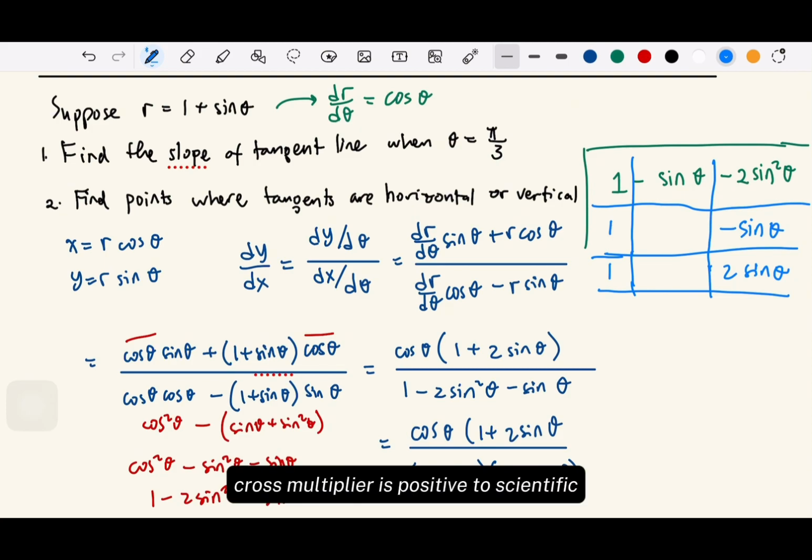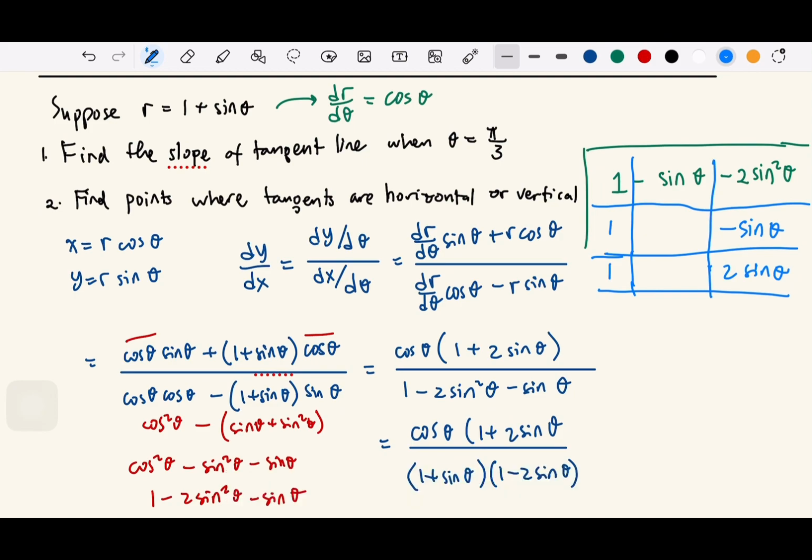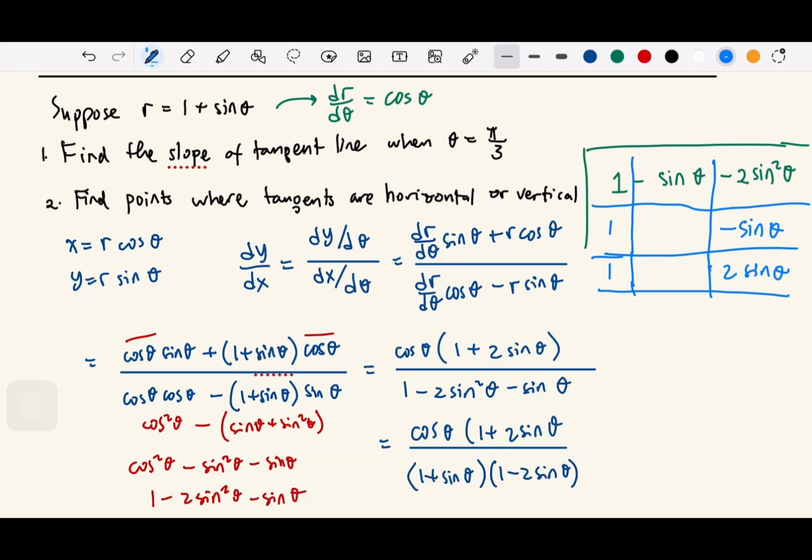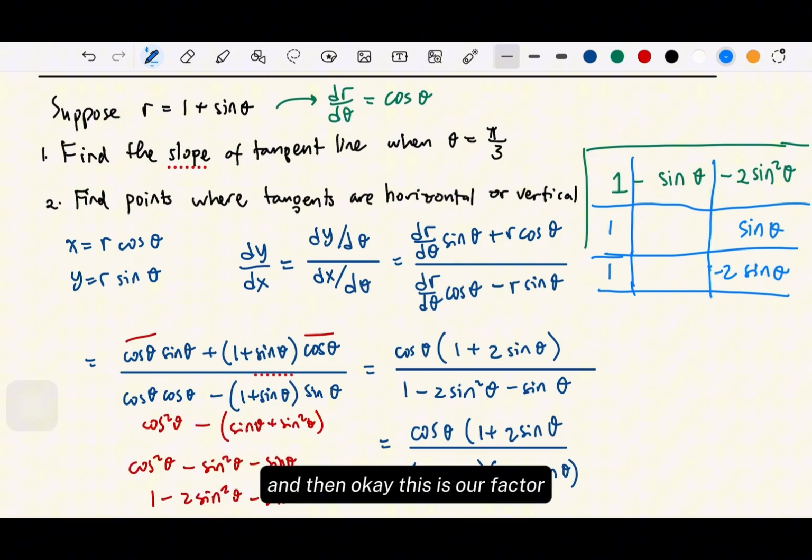Cross multiply is positive 2 sine theta, and then this will be negative sine theta. We add them, it's positive. We need negative, right? So maybe this one, right? That one negative. And then, okay, that is our factor.